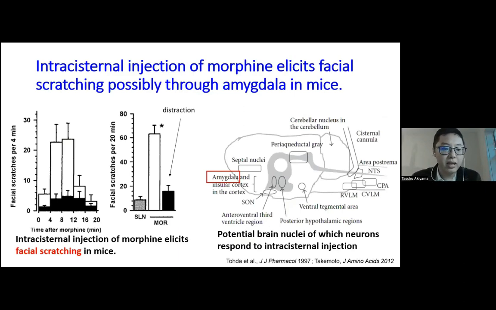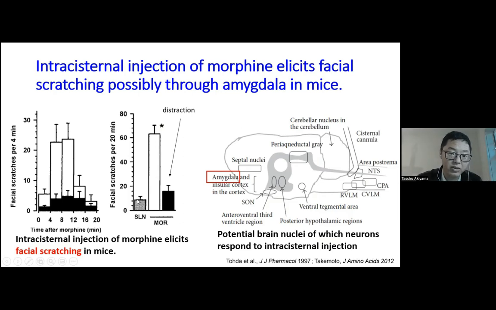That facial scratching is actually induced in mice too. This time course shows the facial scratching after the intracisternal injection of morphine, and this shows the sum of the scratch bouts.